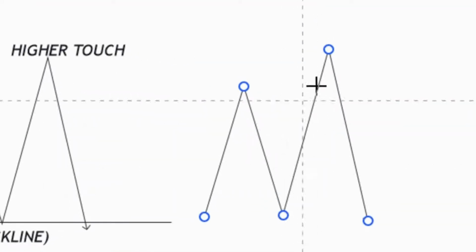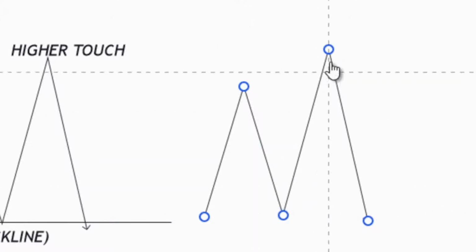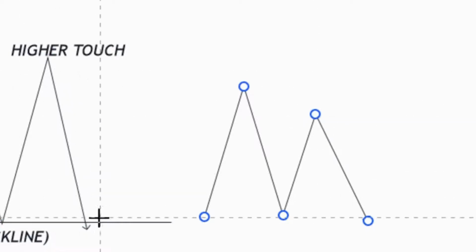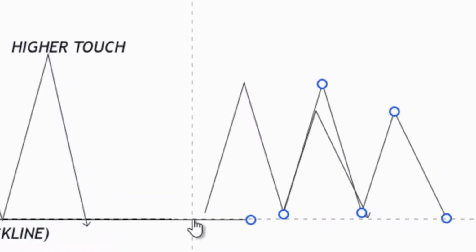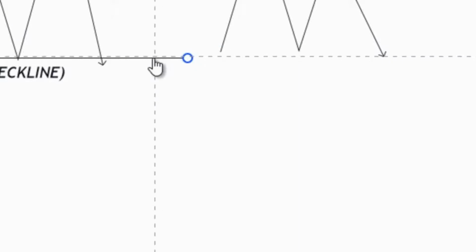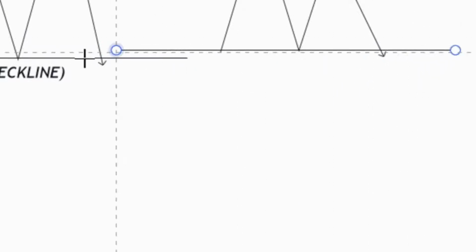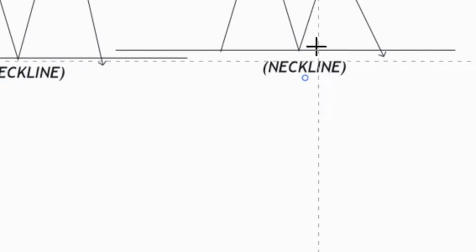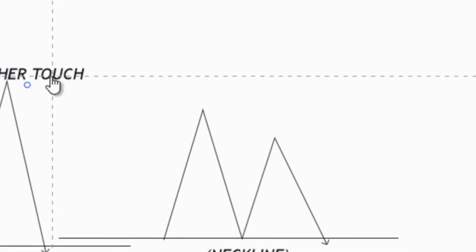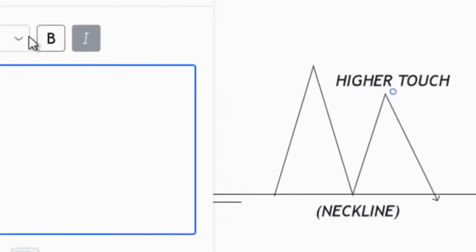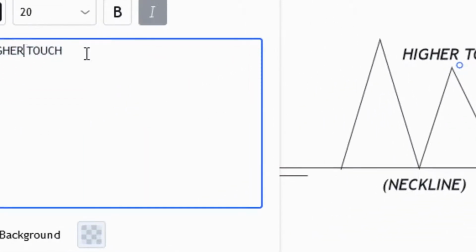Price can also do this: push to the upside, downside, to the upside, and does something like this, with a neckline. So we call this a double top pattern with a lower touch.